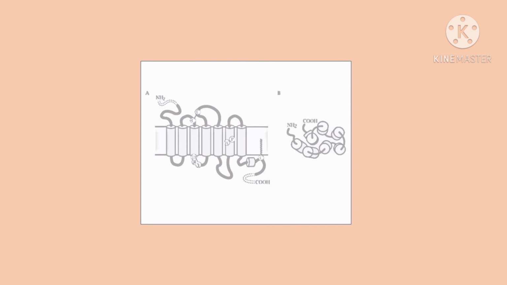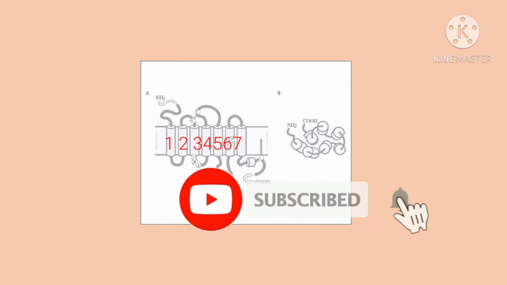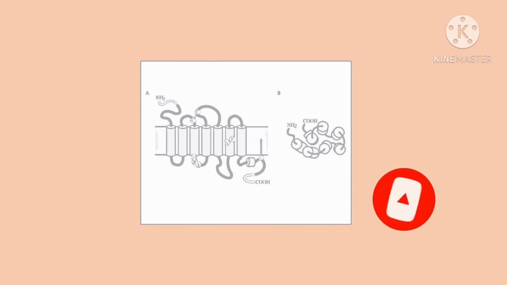So please look into this diagram. Here you can see clearly the protein has an N terminal as well as a C terminal, and it spans the membrane 7 times. So the correct answer is 7 pass.